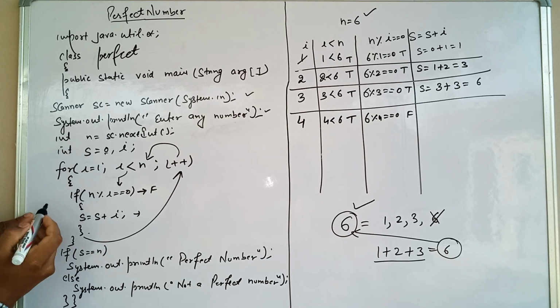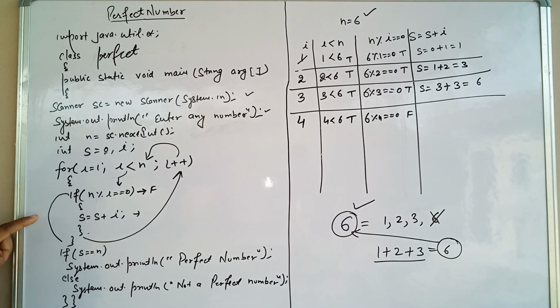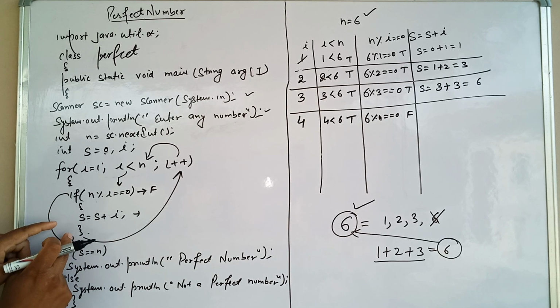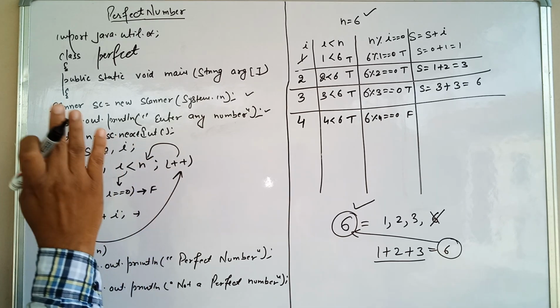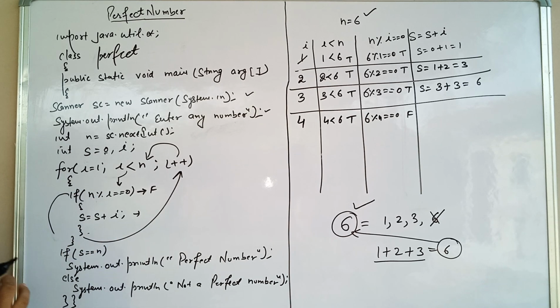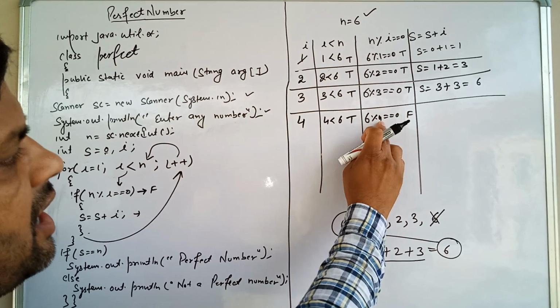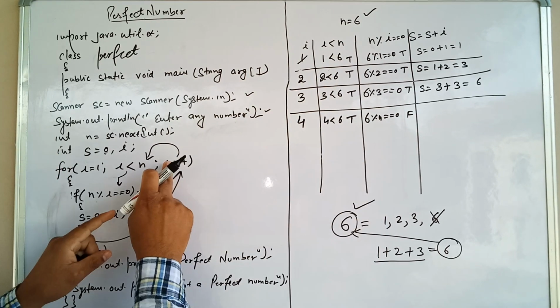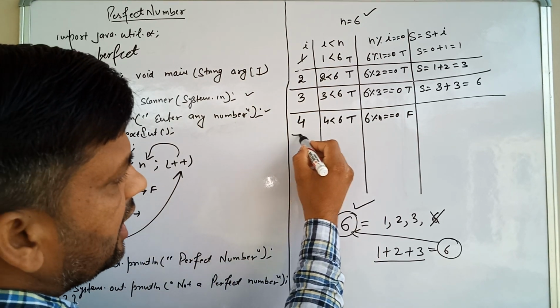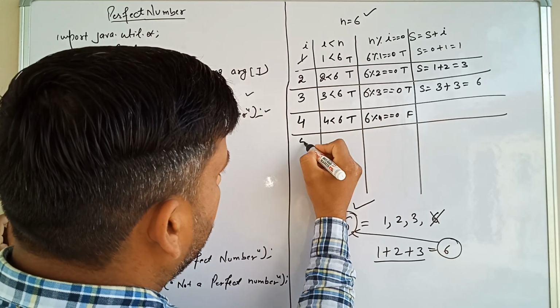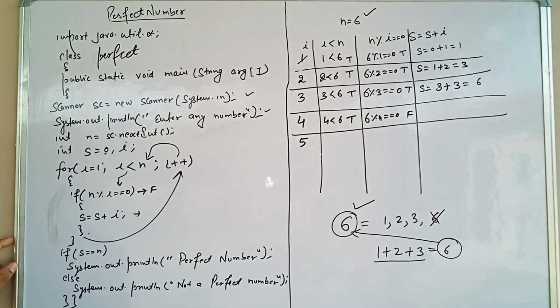So what will happen? From here, control will directly come out of this if block and go to the i++ section. So i will be incremented, and i will become 5.